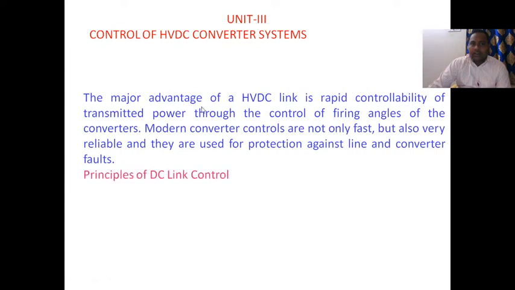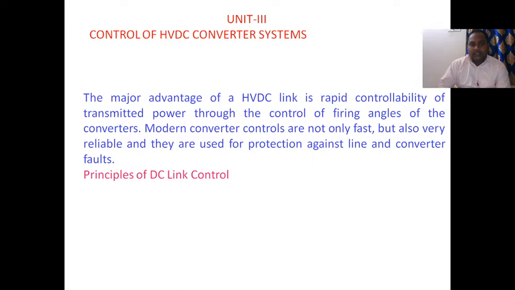The major advantage of an HVDC link is rapid controllability of transmitted power through the control of firing angles of the converters. Normally, the controlling process is very difficult in an HVAC system because there is no firing angle or delay angle alpha or extinction angle gamma in HVAC systems.